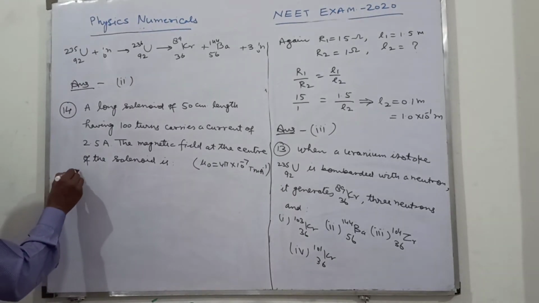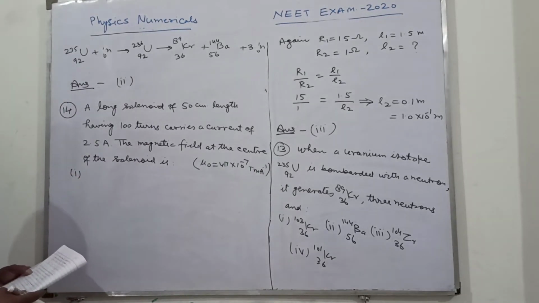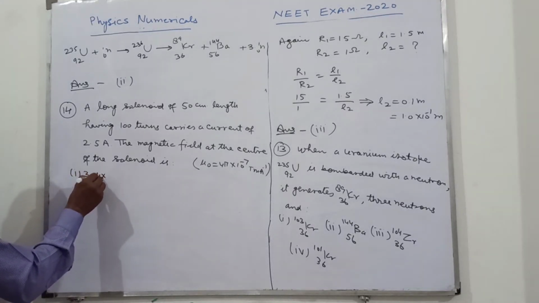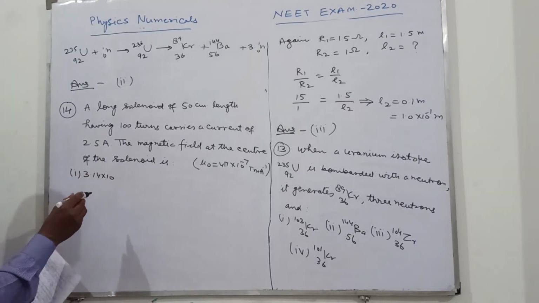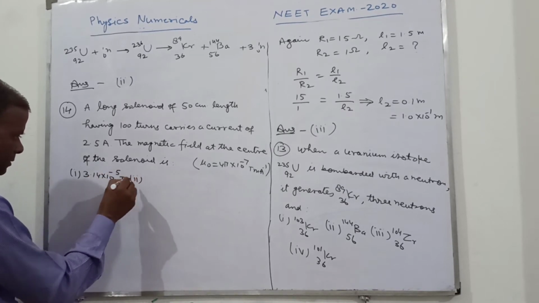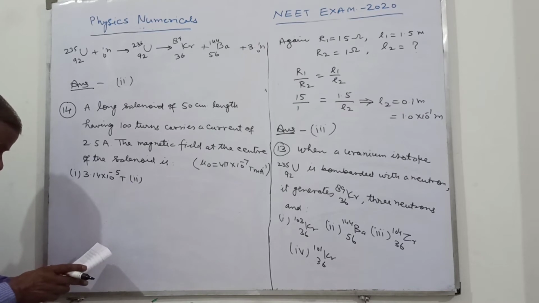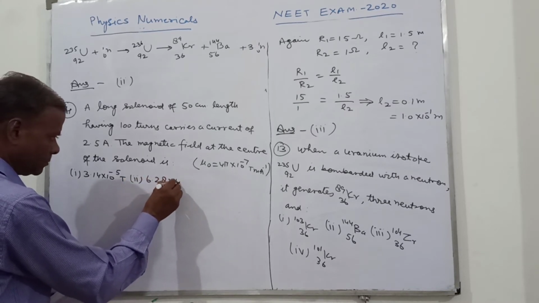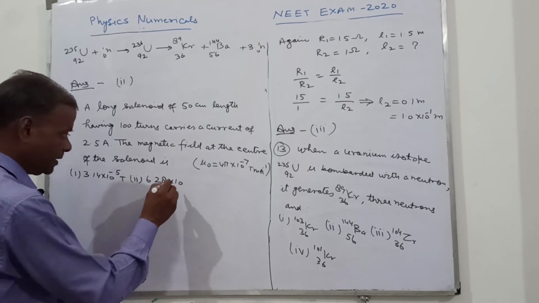And now option first is 3.14 into 10 raised to the power minus 5 Tesla. Second is 6.28 into 10 raised to power minus 4 Tesla.